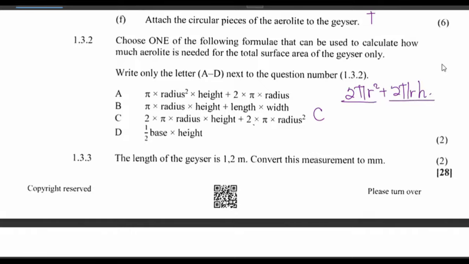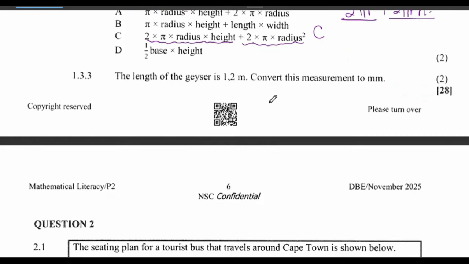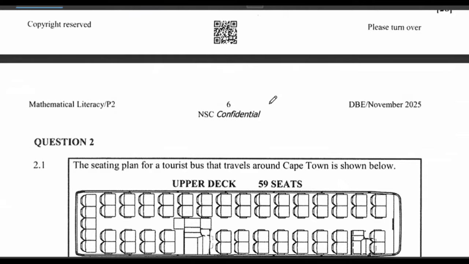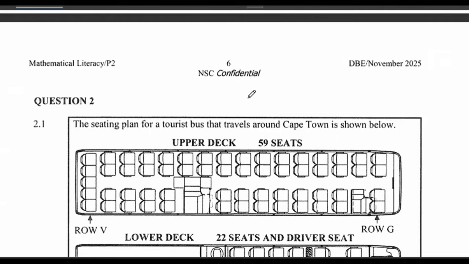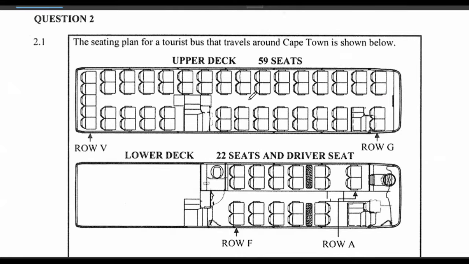So the 2 pi r, it's this side. R squared, then this side you remain with 2 pi r radius. That marks the end of question 1. Let's look at question number 2.